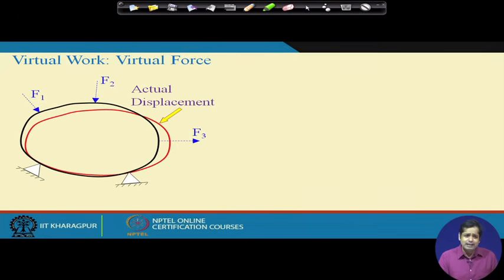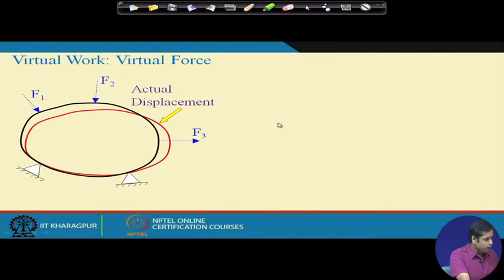They have a similarity in that they have the same sense of direction, but the actual displacement is not due to these virtual loads. Now, consider d1, d2, d3 as the associated displacements at the points of action of F1, F2, F3, the virtual forces.